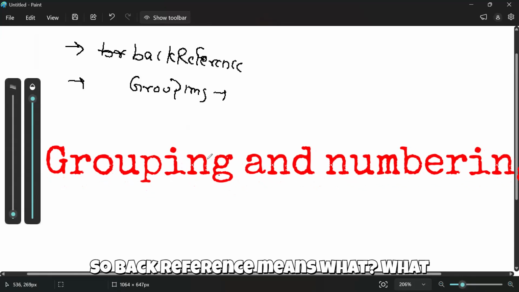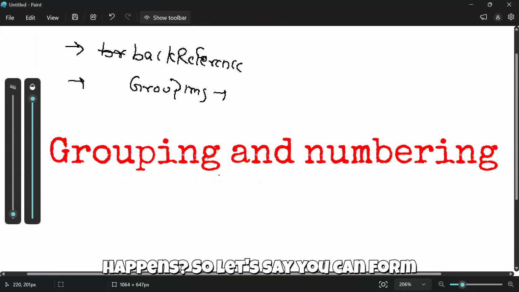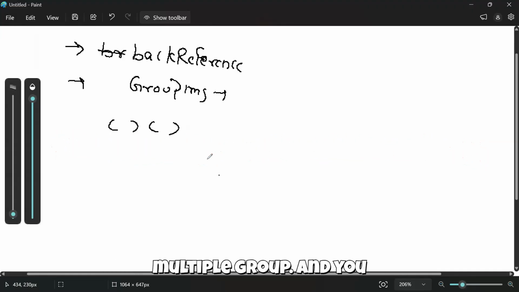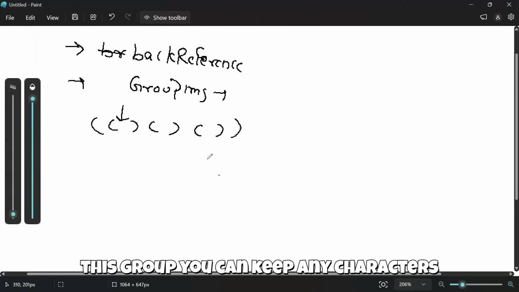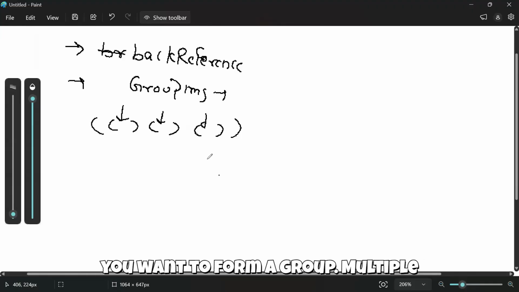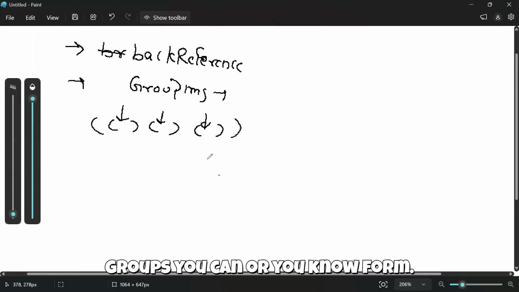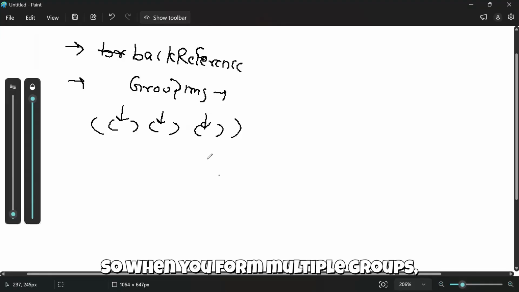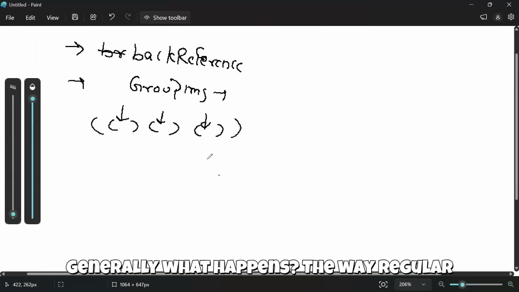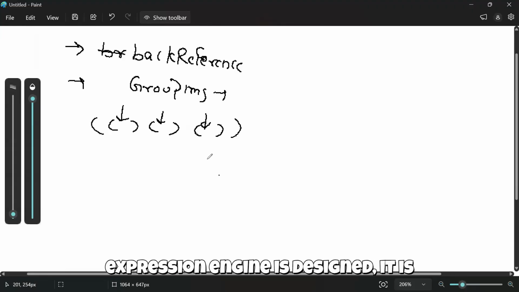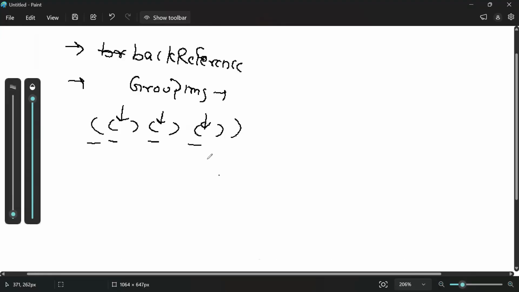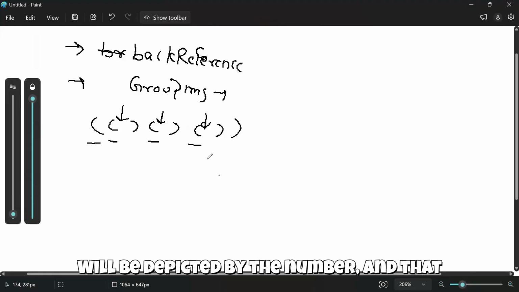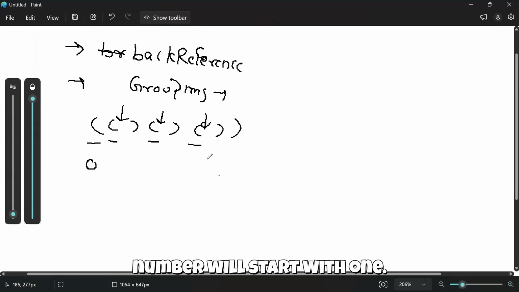So back reference, what happens is, let's say you can form multiple groups, and you can keep anything in this group. In this group, you can keep any characters you want to form a group. Multiple groups you can form. When you form multiple groups, the way the regular expression engine is designed, every starting brace will be depicted by a number, and that number will start with 1.